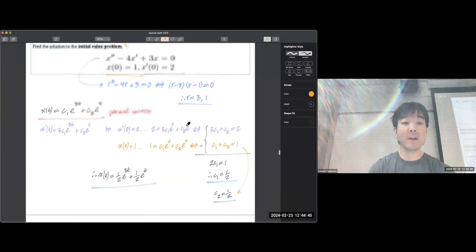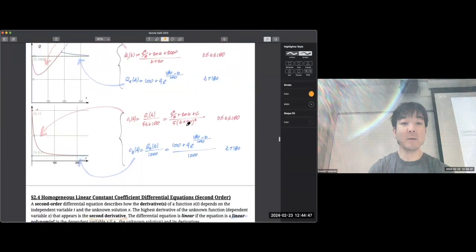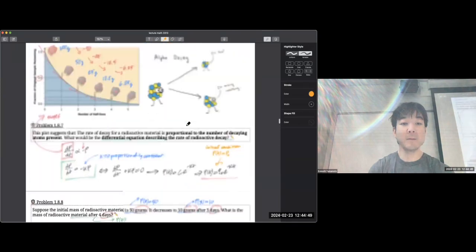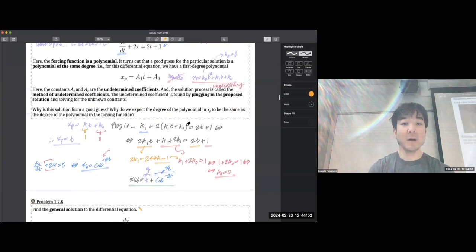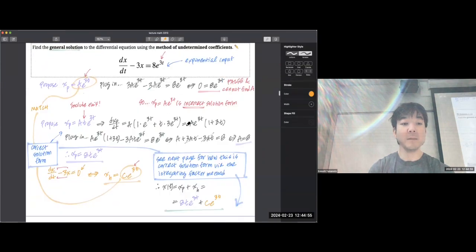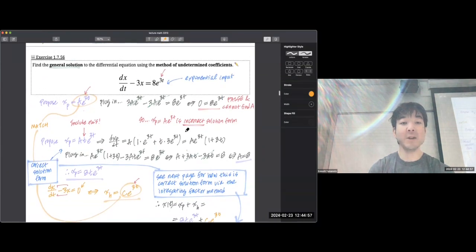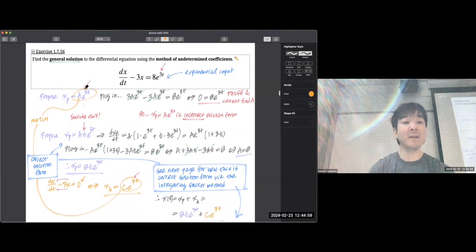So if you go way back to the case that we just talked about, which was the first order with exponential forcing function, I mentioned here that if you had this particular solution form right here, A e to the 3t, and then you were to compute the homogeneous solution.